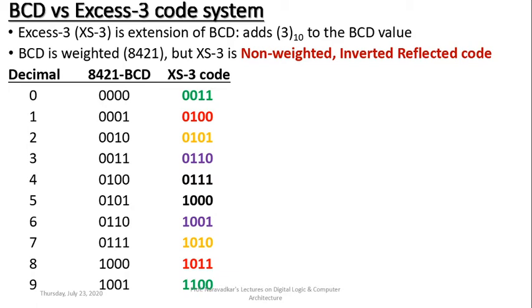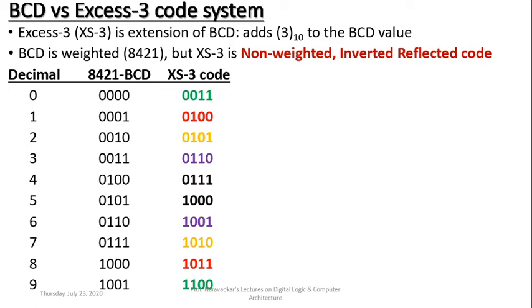Then third from the top, pertaining to decimal 2, and third from the bottom, pertaining to decimal 7, shown by yellow color. That is 0101, third from the top, and 1010, third from the bottom. Again, these are inverted.